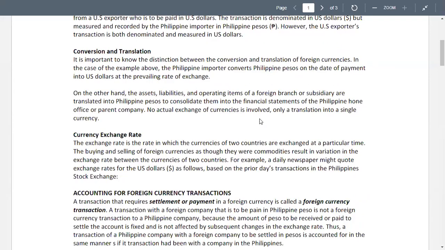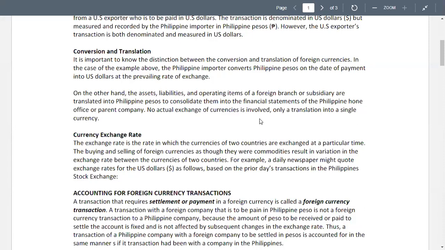For example, a daily newspaper might quote exchange rates for the US dollar as follows, based on the prior day's transactions in the Philippine Stock Exchange.